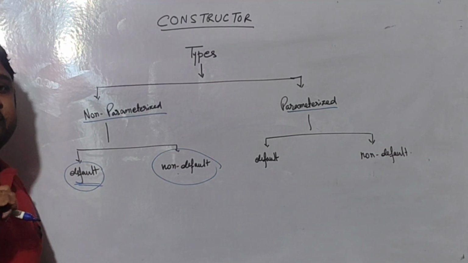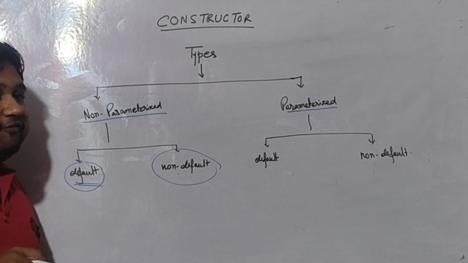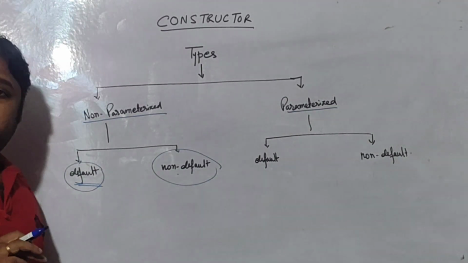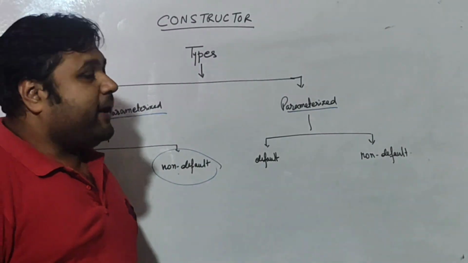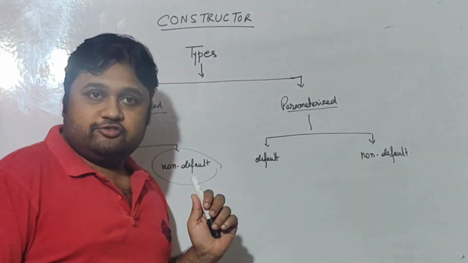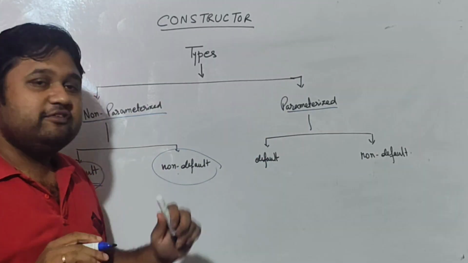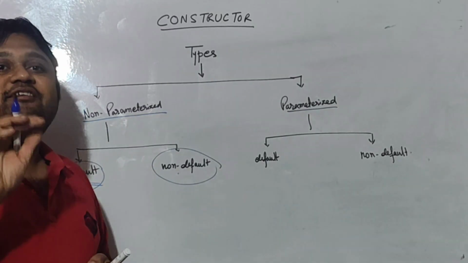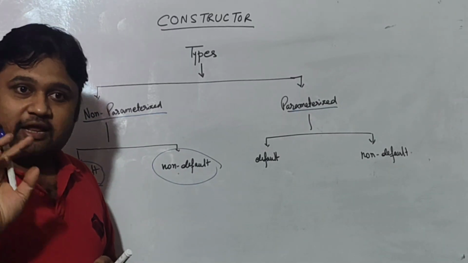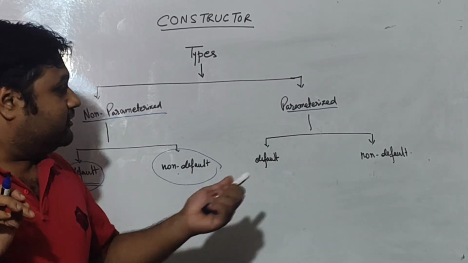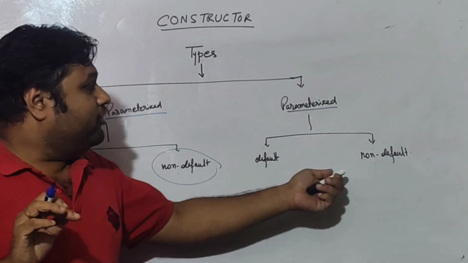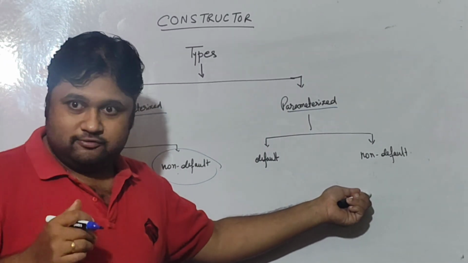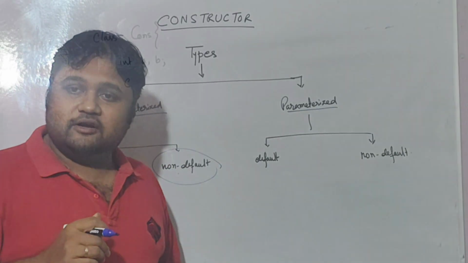So that is a non-default constructor, non-parameterized. In a parameterized constructor, I am accepting parameters, and if those parameters have 0 in their value, it is a default constructor. If the parameters have non-zero or non-default values, it is a non-default constructor.